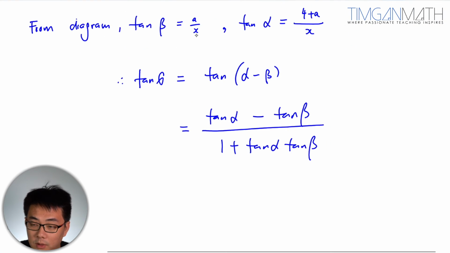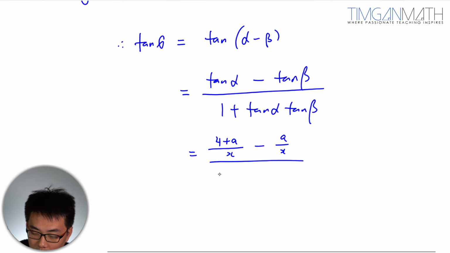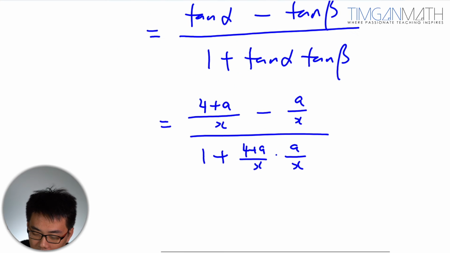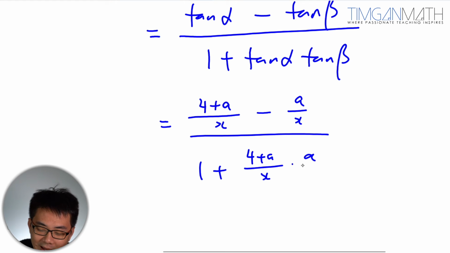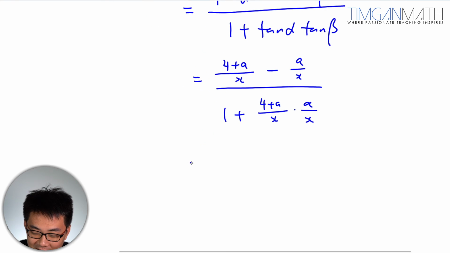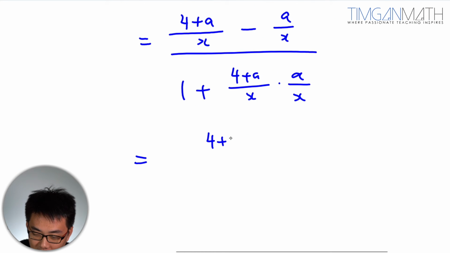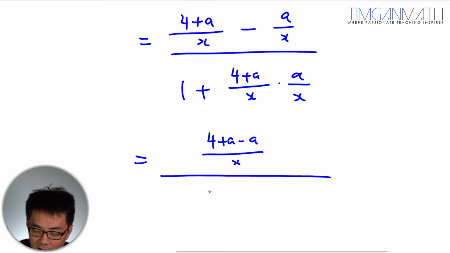Then I'm just going to substitute all the ratios which I have. Tangent alpha is 4 plus a over x, minus a over x, over 1 plus 4 plus a over x times a over x. I think that's the beauty of having a show question, because you know whether you're right or wrong just by looking at this. Now I'm going to make a common denominator on top and bottom. So this is 4 plus a minus a over x, and the bottom is x squared plus a times 4 plus a, over x squared.